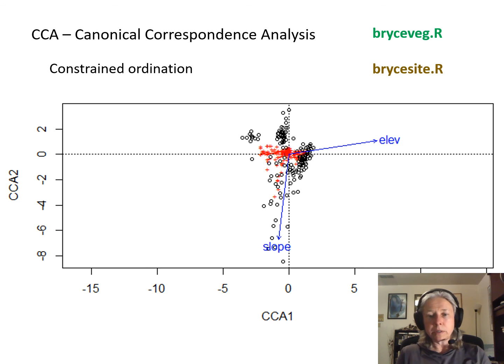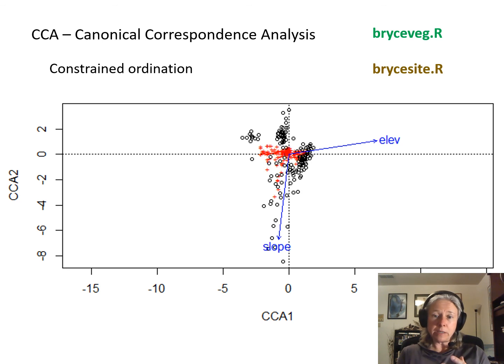The result is a triplot. It has three pieces of information. The species are the red crosses, the circles are the sites, and the blue arrows are the environmental variables, just like we've seen already. The angles between the arrows represent associations or correlations between environmental variables.